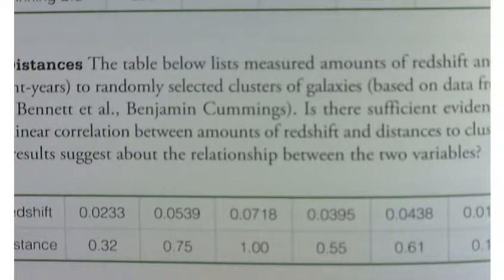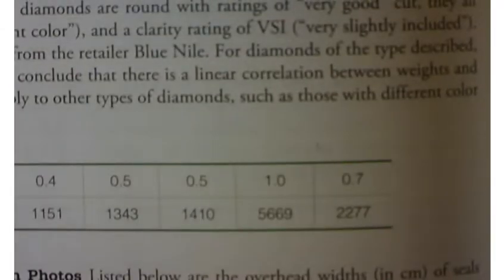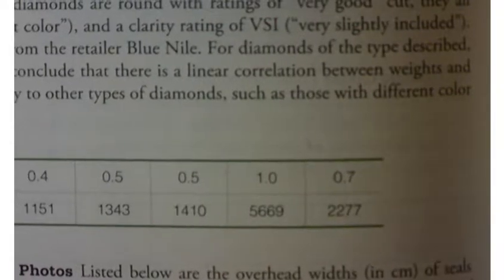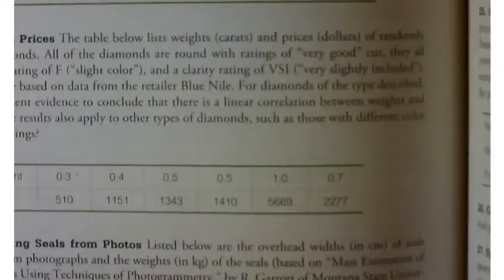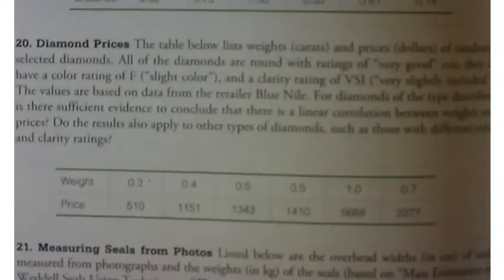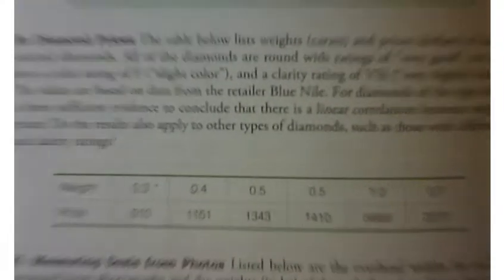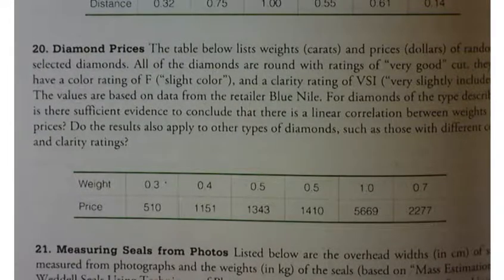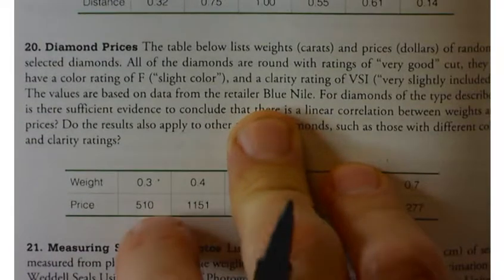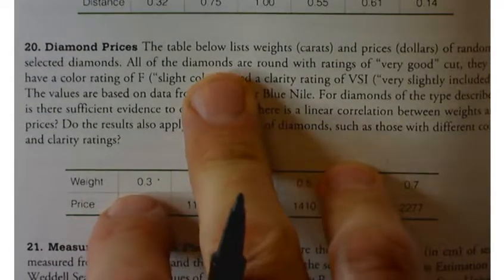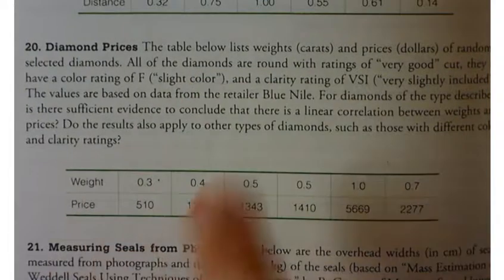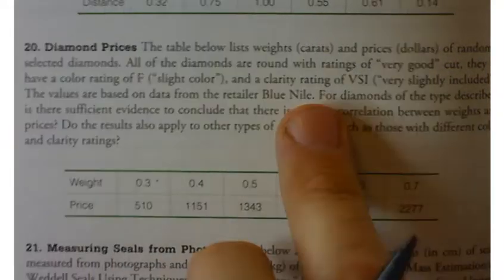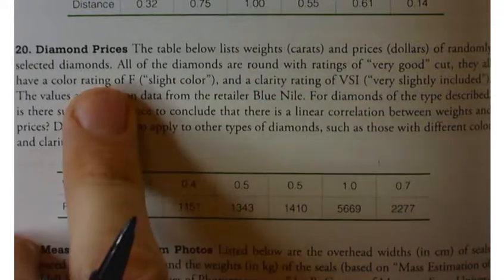Let's take a look at problem number 20. Okay, so the table below lists weights, carats, and prices in dollars of randomly selected diamonds.